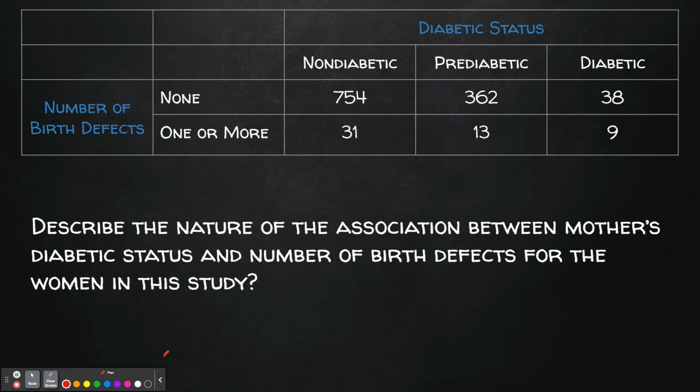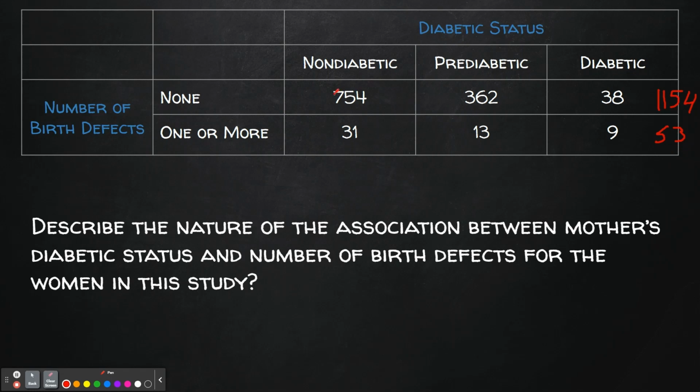The last question in this problem asks us to describe the nature of the association between mother's diabetic status and the number of birth defects for the women in this study. So here we're going to have to look at some conditional probabilities. If we look at it by row first, if we add up the row, we get 1154 for no birth defects and 53 for birth defects.